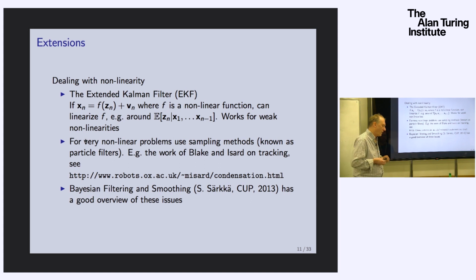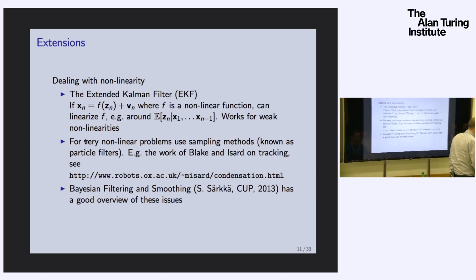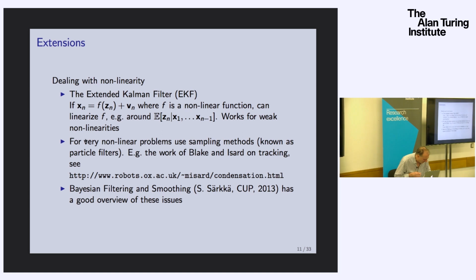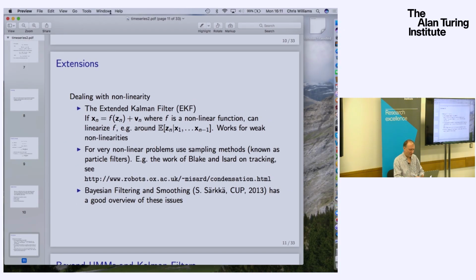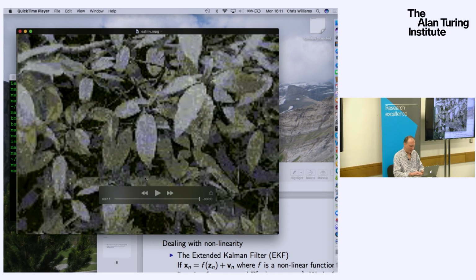We want to maintain this distribution, P of Zn given x1 up to xn, the filtering distribution. We can try to maintain that not as a Gaussian, but as a bunch of particles that non-parametrically represent it. Let me see if I can find the demo here. Okay, hopefully this will play.